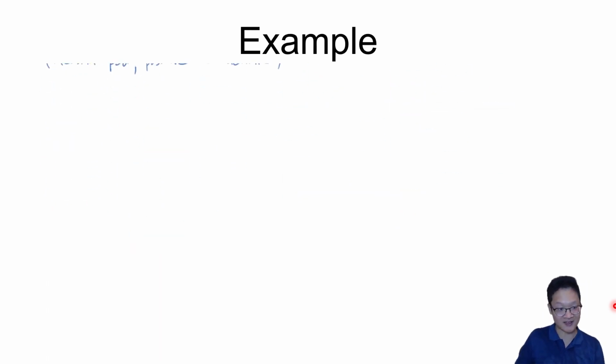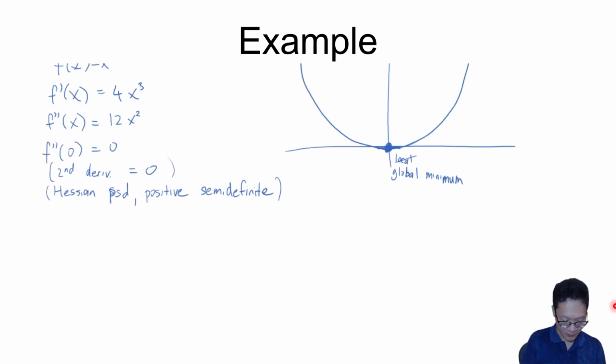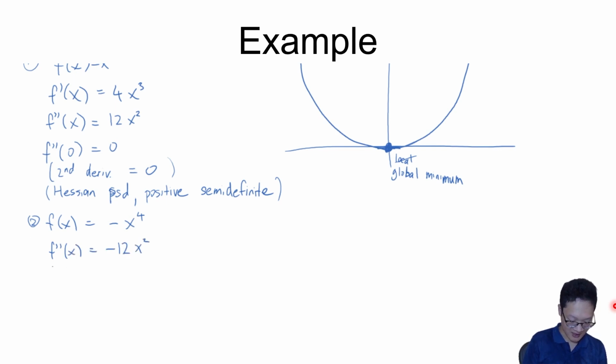But we can easily see that if we simply define f of x to be case number 2, when f of x is negative x to the power of 4, hopefully you can see that f double prime of x will be just the negative of before, and f double prime of 0 also equals 0.